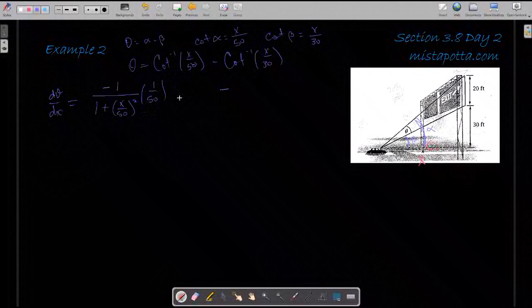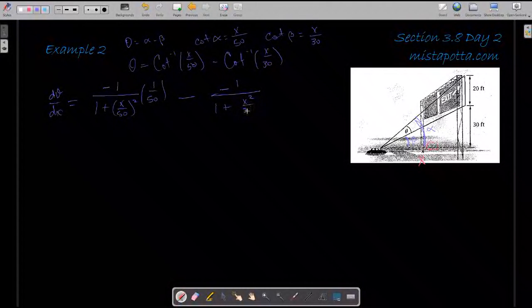And I'm supposed to subtract negative 1 over 1 plus x squared over 30 times the derivative of my argument, which is 1/30th.